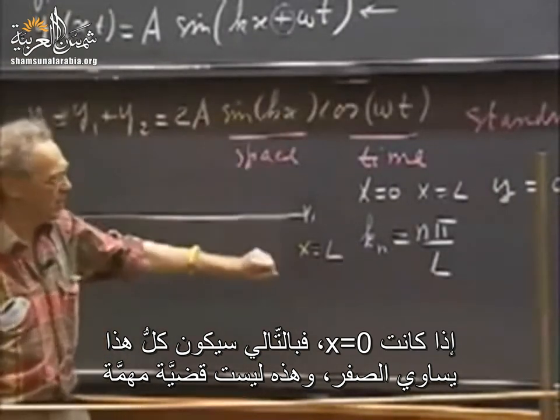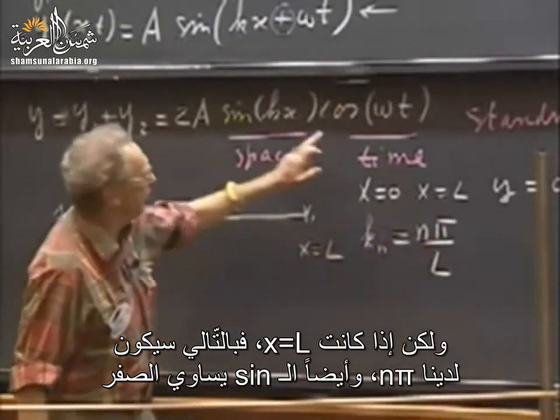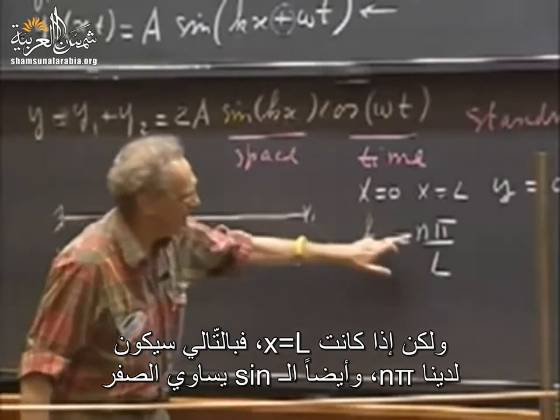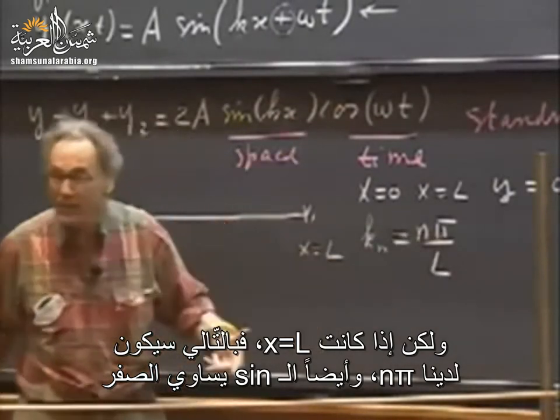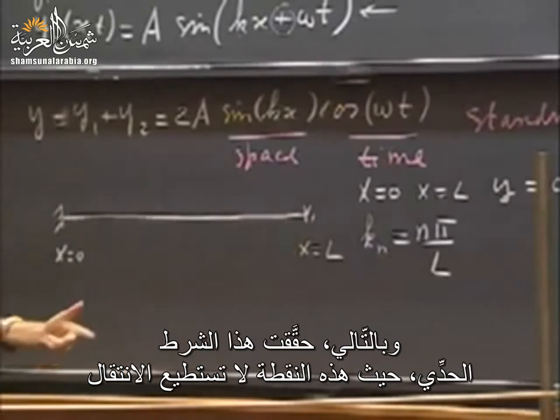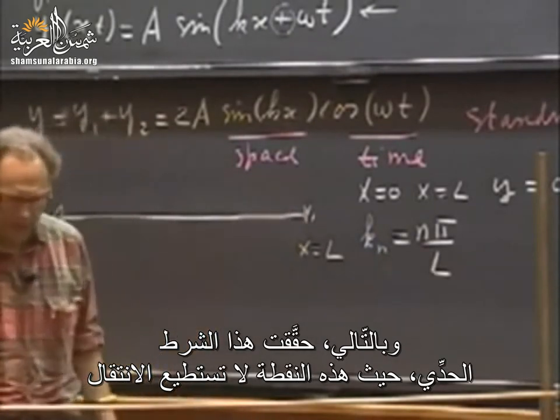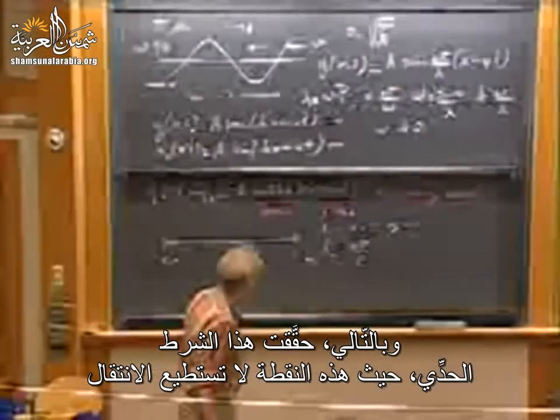That's not an issue. But you see now, if x equals L, then you get n times pi. And so again, the sine becomes 0. So I've met this boundary condition, that this point cannot move.